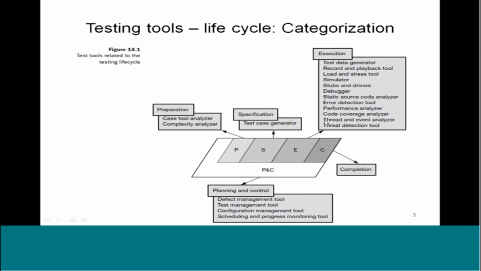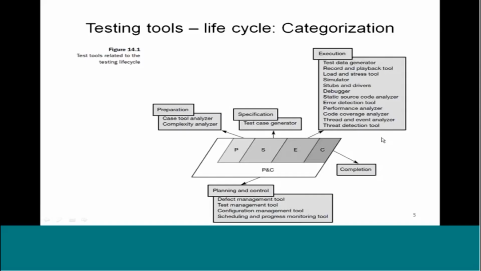There are a number of tools. It doesn't mean that all need to be used, but it's basically a categorization that needs to be applied and planned. These will all be part of the planning, the software verification planning, which we have studied in our earlier sessions. Similarly, for completion, we have a reporting mechanism and so on. And overall, for planning and control, we have different tools in terms of defect management, test management, configuration management, scheduling and progress monitoring tools.